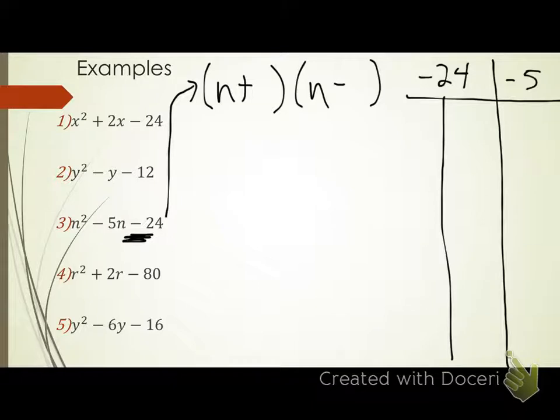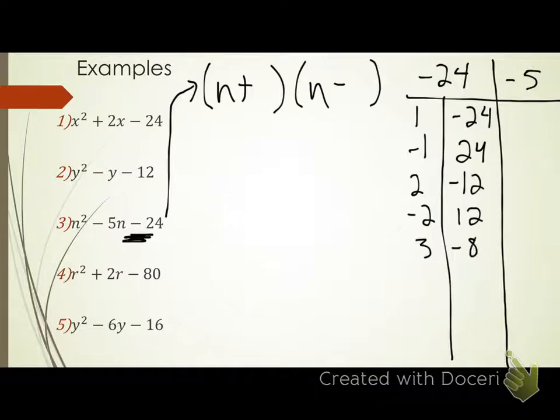Okay. First two factors of negative 24. 1, negative 24. We did this one earlier, didn't we? What's the next one? Everyone with me? Next one. Next one.